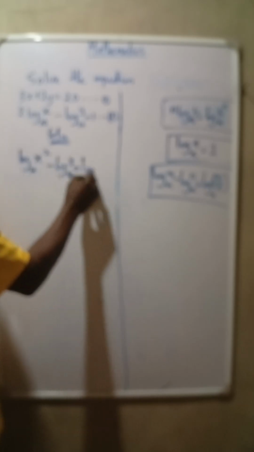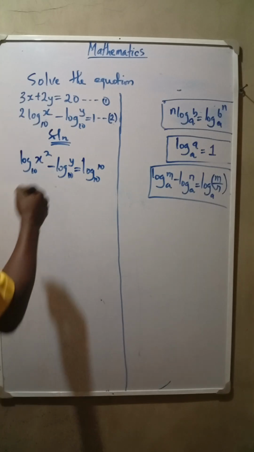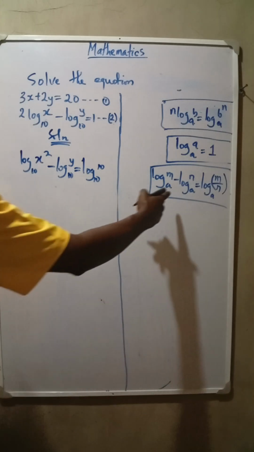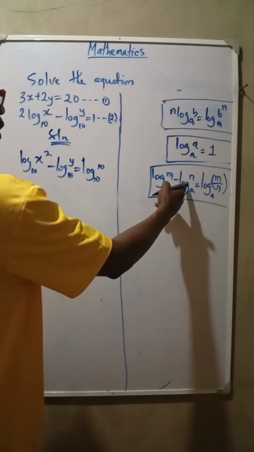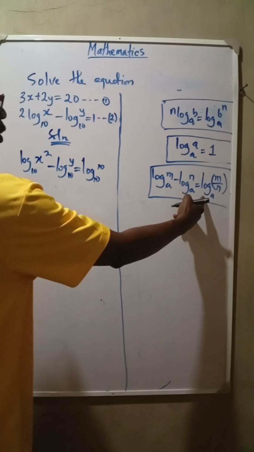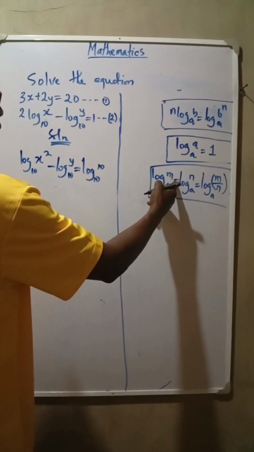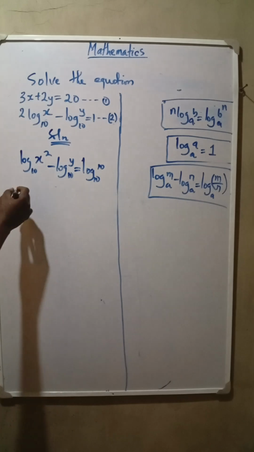Because this one has base 10, I'm going to use base 10. It's going to be log what? 10, log 10 base 10. That is it. And we can simplify further using this third law, that whenever you have log m minus log n, you can give them a single log, then it will be m divided by n. That is what we are going to do here now.